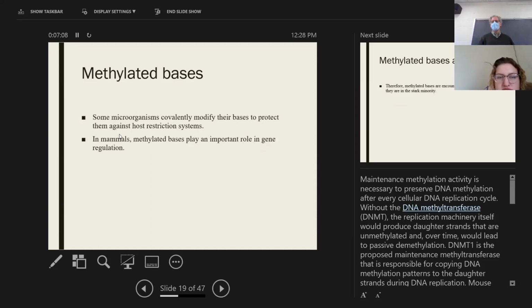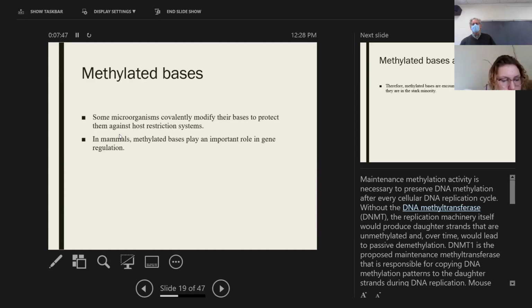So one of the most important modifications is the addition of a methyl group. And that addition of a methyl group is going to make the base bulkier. When you make a base bulkier, it changes the geometry a bit of the double helix. That change in the geometry can affect the way proteins interact with DNA.